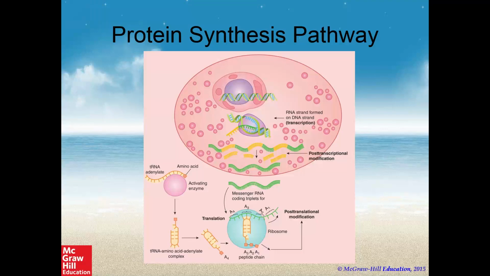Right, so cells that have as their function secreting things are going to have a lot of rough endoplasmic reticulum, a lot of Golgi apparatus, because they're going to be doing a lot of this translation and packaging of materials for secretion.